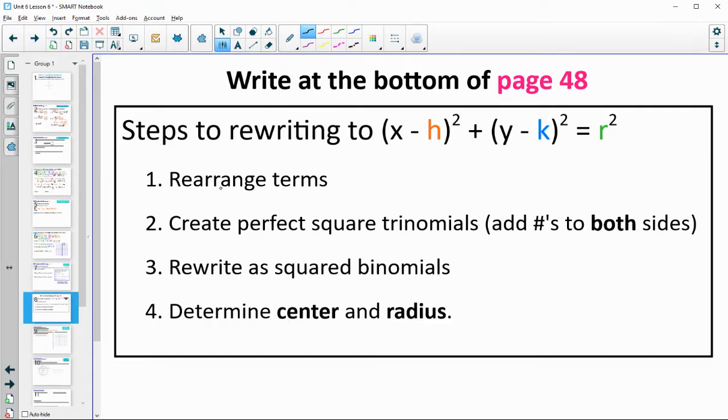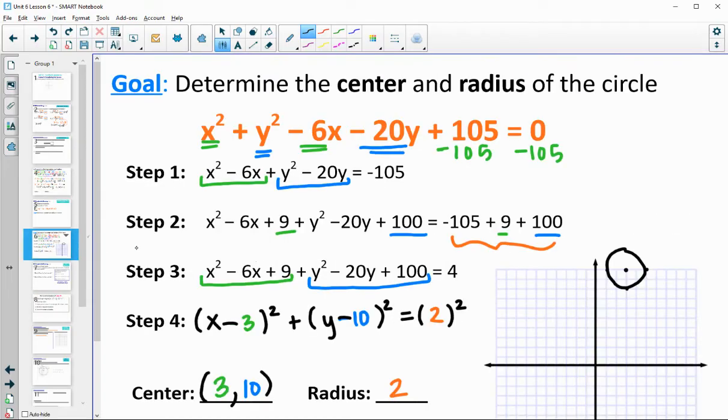So step 1 was to rearrange the terms. Okay, getting the x's next to each other, the y's next to each other, and bringing all of the just constants over to the right side. Then you created perfect square trinomials, and then make sure you add those numbers to both sides. So remember, that was this step where you had to add to both sides.